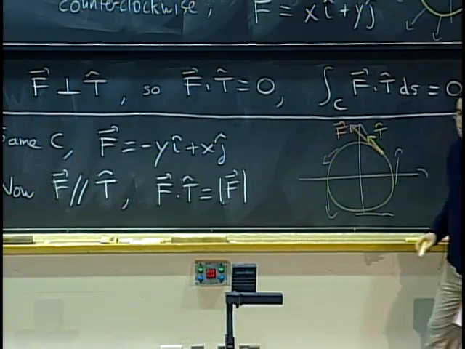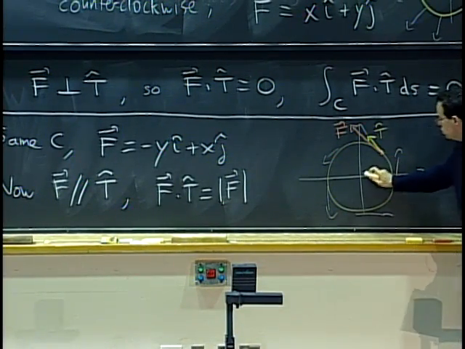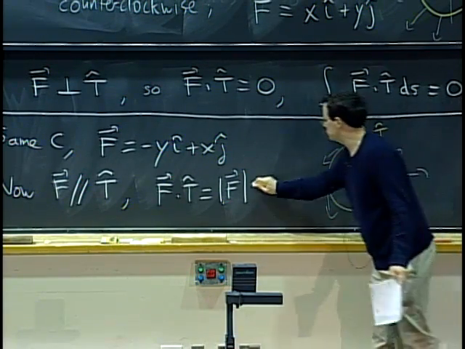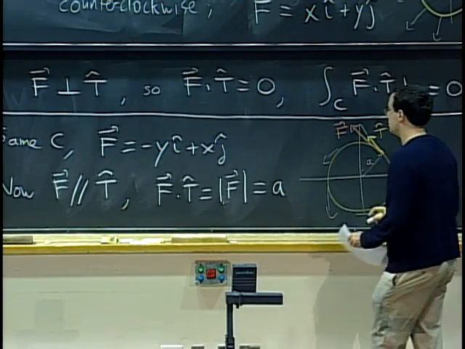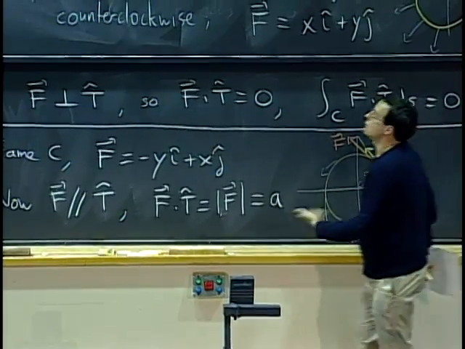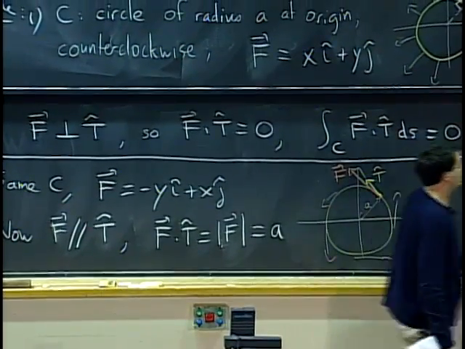But what's the length of f on this circle if the radius is a? It's just going to be a. That's what we said earlier about this vector field. So at every point, this dot product is a. Now we know how to integrate that quite quickly.